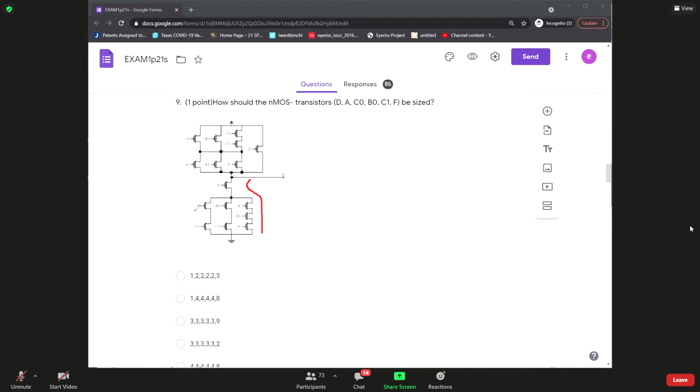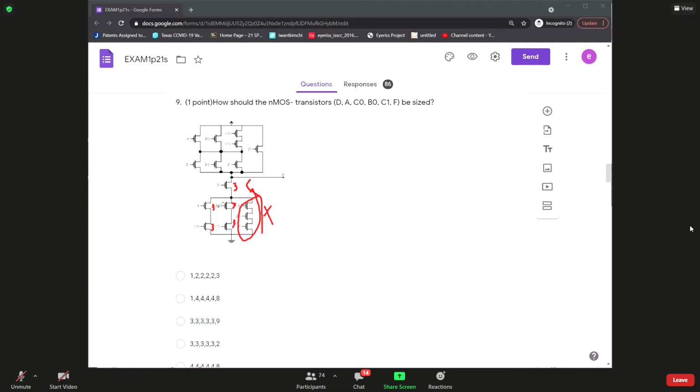How do you size transistors on this NMOS? Well, you could do 3 here, 3 here, 3 here. That's one way. That's actually maybe correct. It is correct. But then how are you going to size the rest of these?